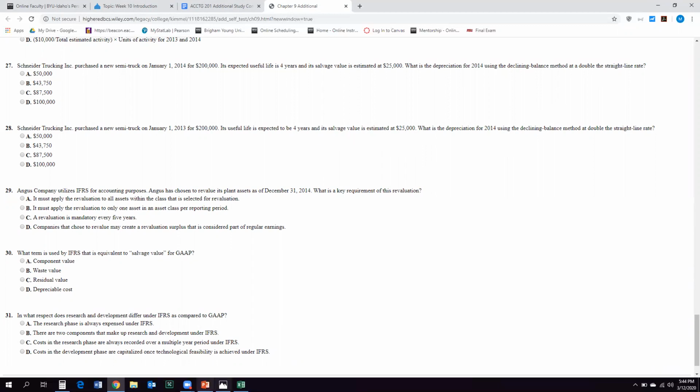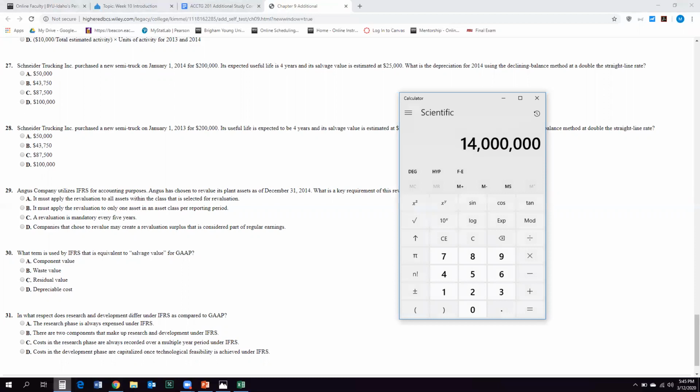So first of all, if this asset has a 4-year useful life, its straight line rate is 25% per year, right? That's the amount that we would depreciate. So to double that, our depreciation rate is going to be 50% for the declining balance.